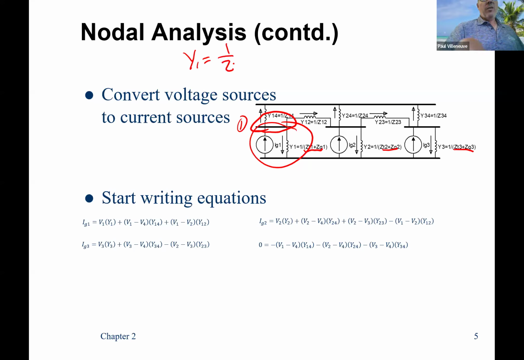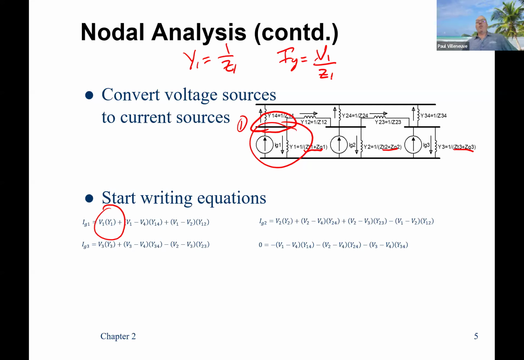Y1 is 1 over Z1. So when I look at this equation and I write it as an actual resistance, you can see that I get V divided by Z, right? Ohm's law. So remember, or try to remember when you're doing this work, do not divide by an admittance. You should always multiply by an admittance.